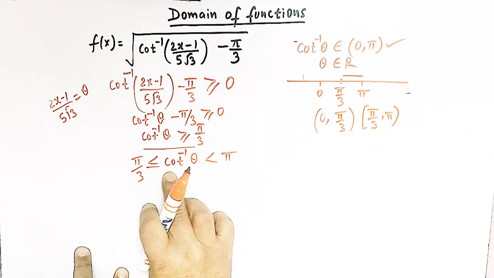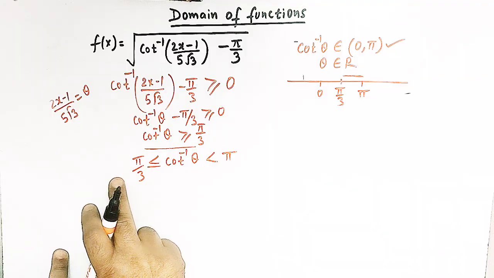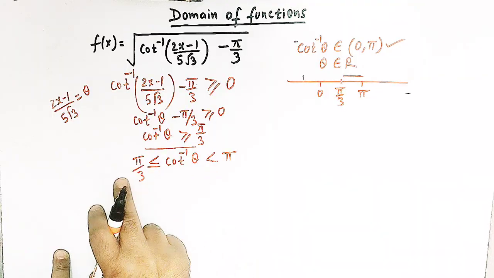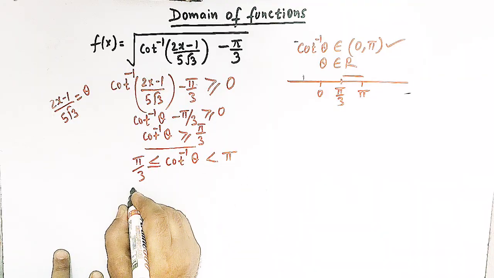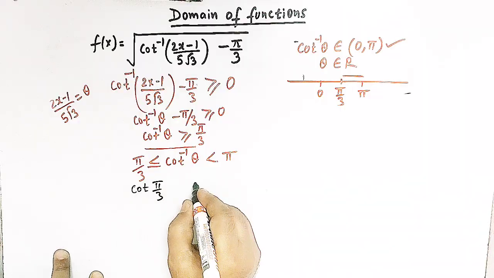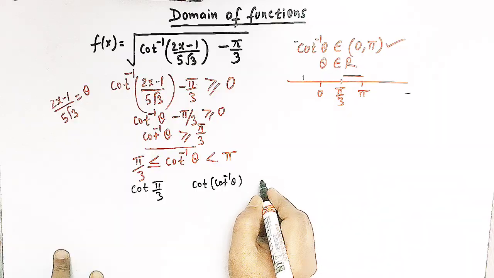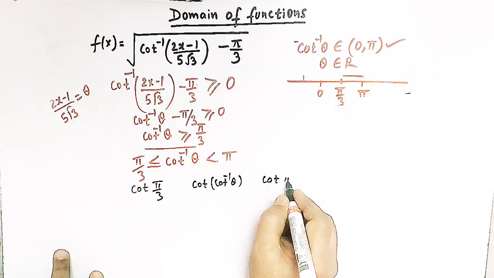So now we have to solve this inequality. Let us take the cot of all these three quantities: cot pi by 3, cot of cot inverse theta, and cot pi.